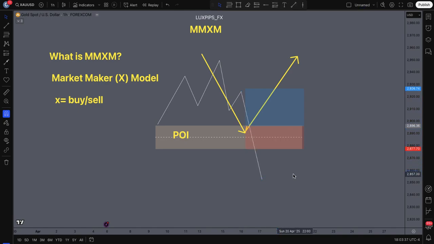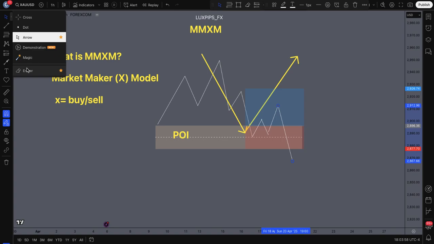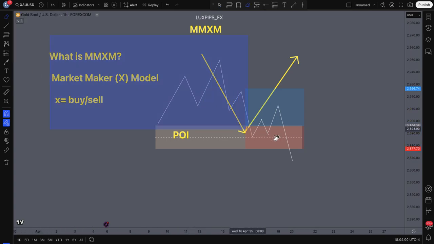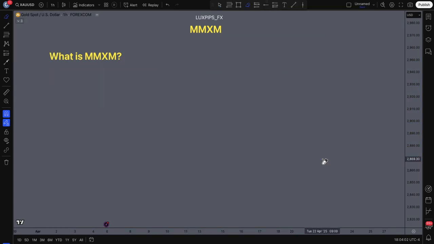Something like that, or it'll consolidate, giving you even a little bit of profit, and then just boom, just crashes under. This is why you need to let a structure form first. So that's a little illustration just off the bat, and of course it's not with all the details in it.